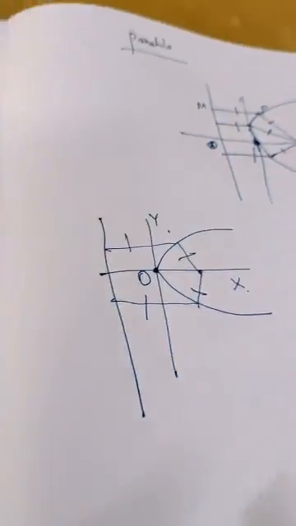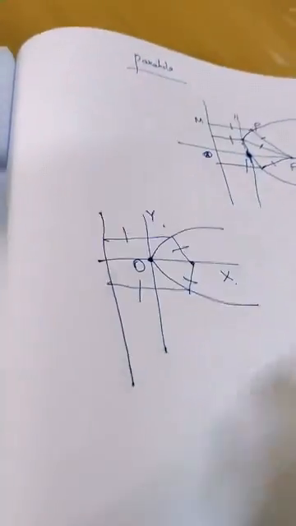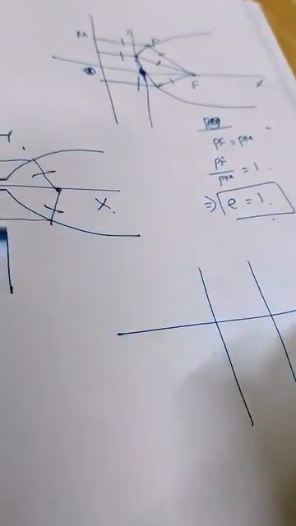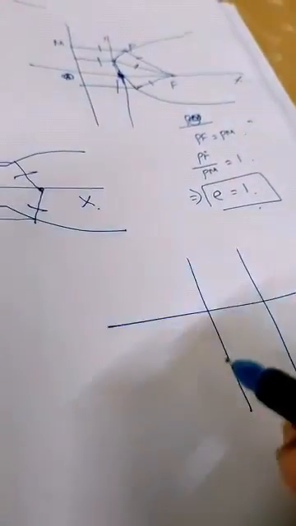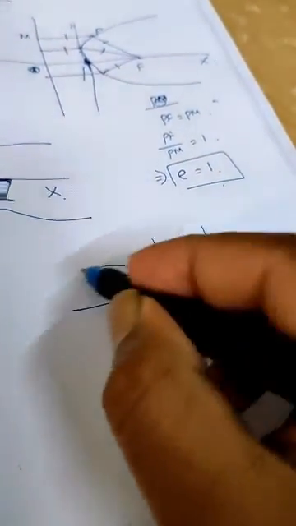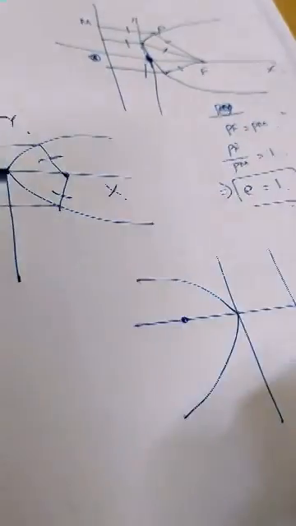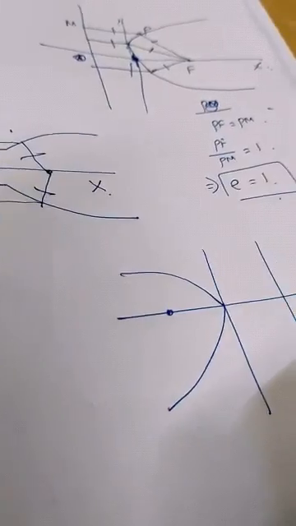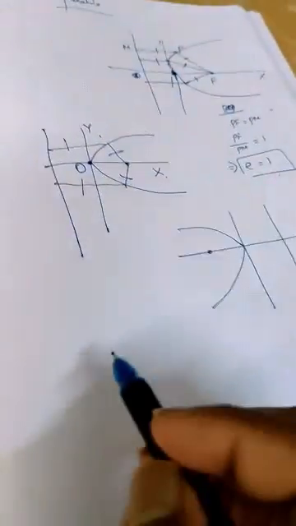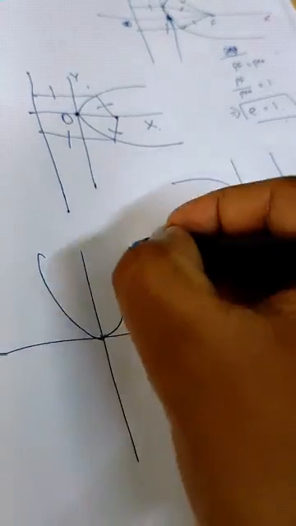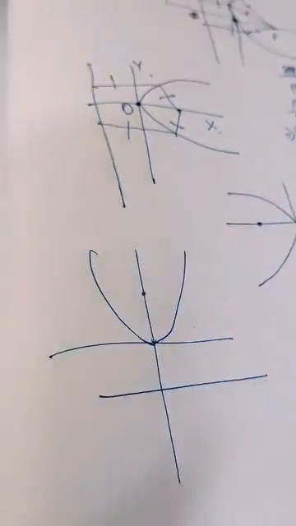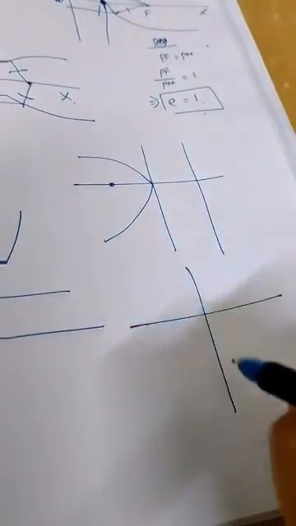Okay. Now this can be like this, or it can be like this also, if the fixed line is on this side. Not necessarily will the fixed line be on the left-hand side of the y-axis. It may be on the right-hand side of the y-axis, and the fixed point on this side. So this is another one. Not necessarily is the x-axis the axis. It may be the y-axis. So it may be this side also, or this one also.